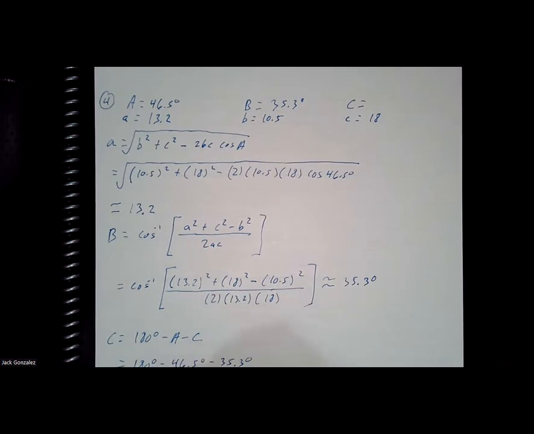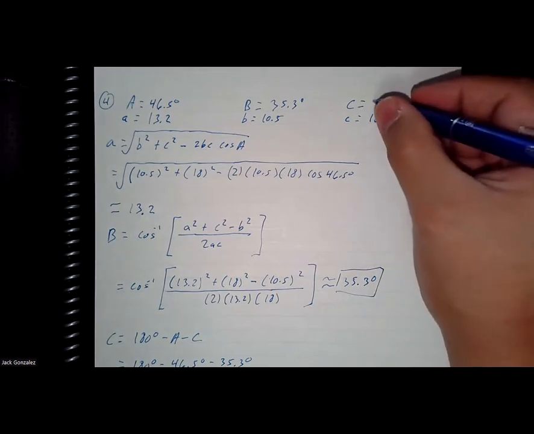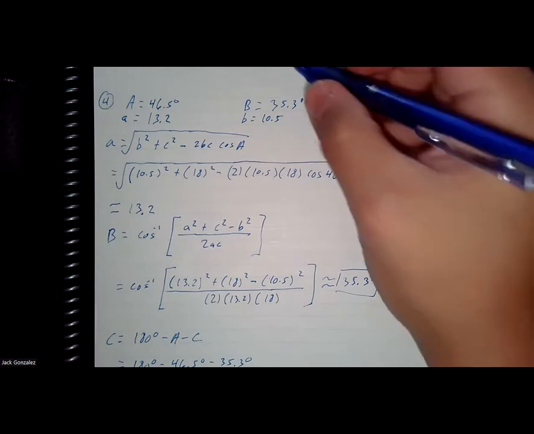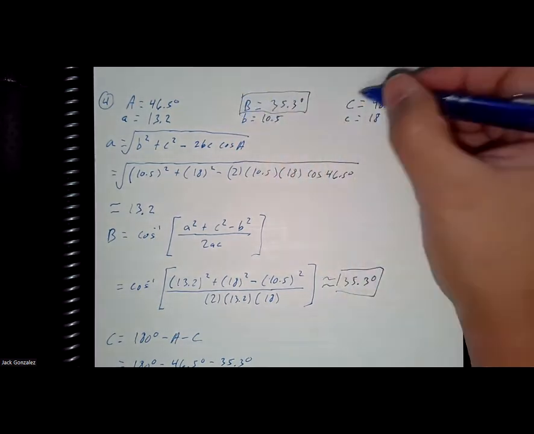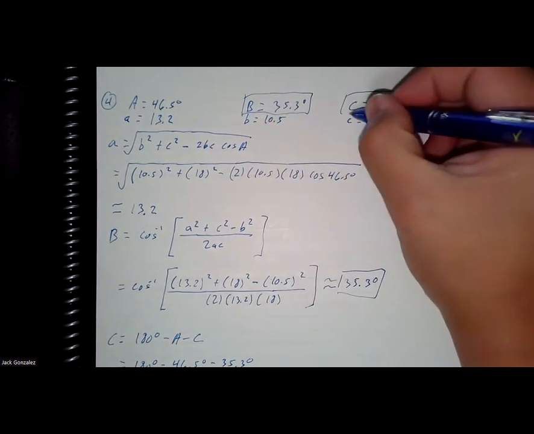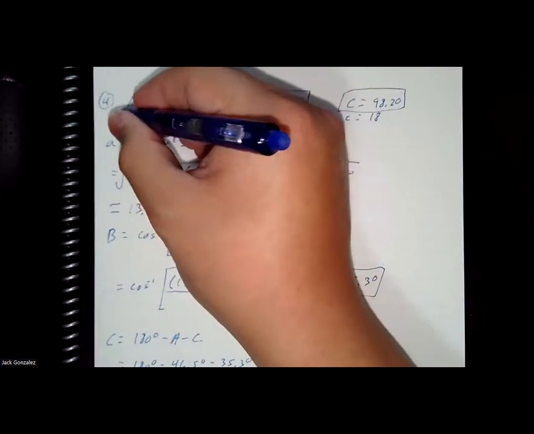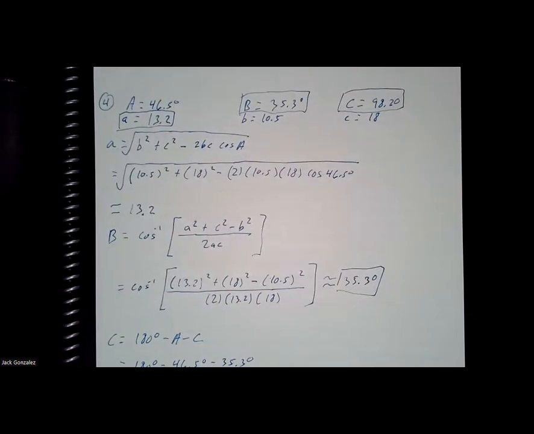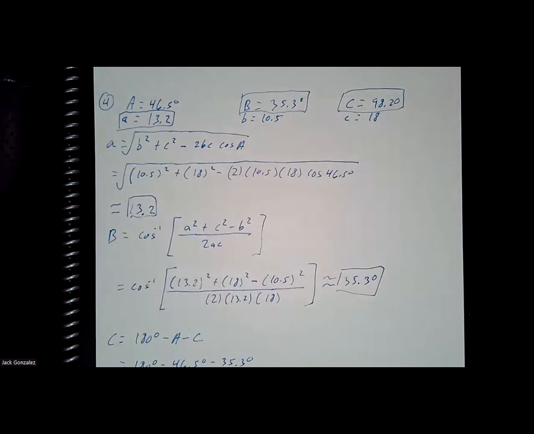And that's it. Got all the pieces. So we found B, C, and lowercase a. There we go. We got everything. Box that guy.